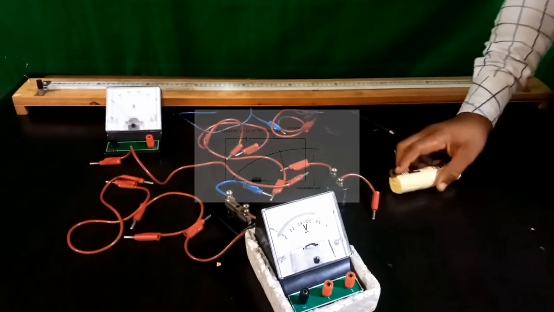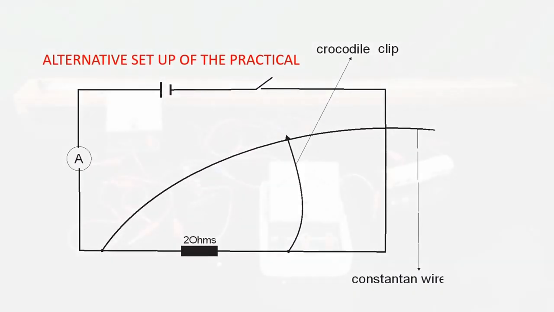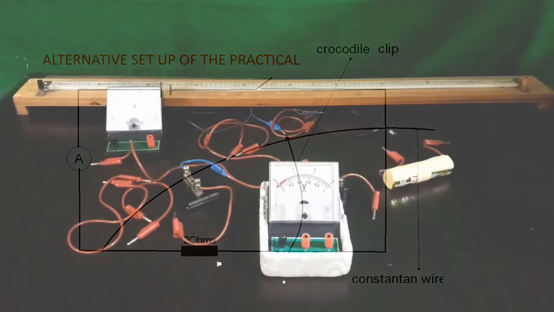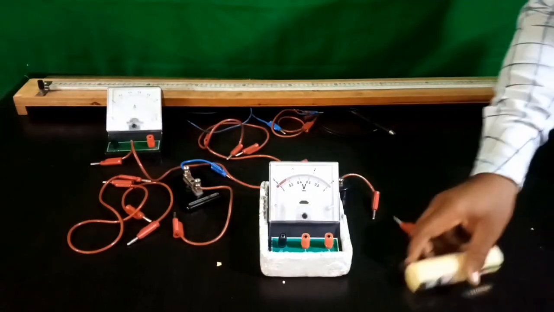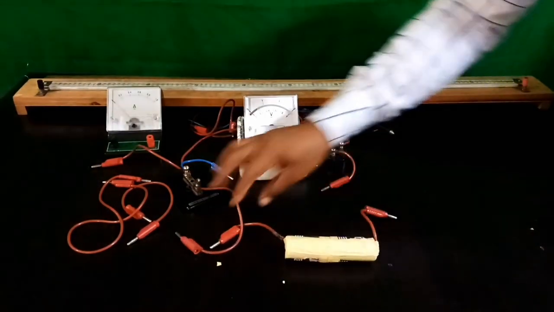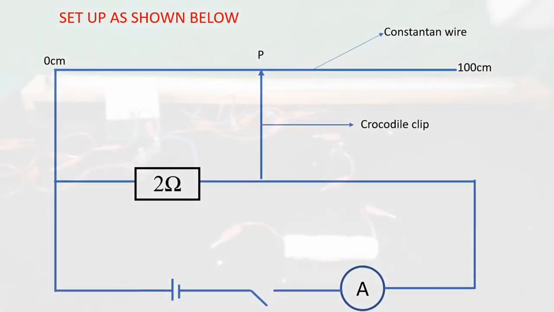So I'm going to connect the circuit as shown in the diagram. You see the diagram on the screen for you, which I've seen and read. So I'm going to start from the cell. This is the cell. I don't need the voltmeter, so the voltmeter has done its job.